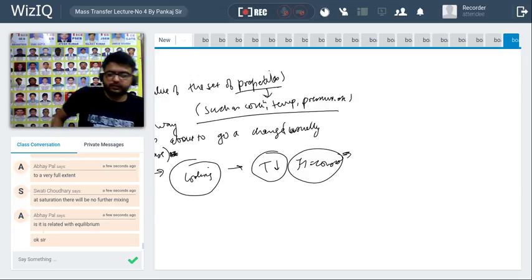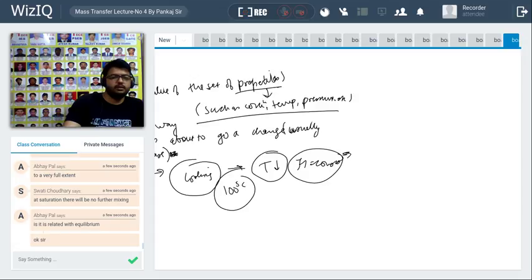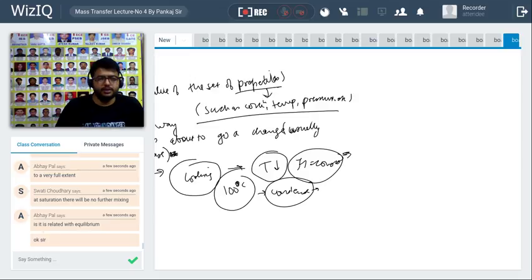So when it reaches 100 degrees centigrade, then what will happen? A fraction of the vapors is about to get condensed. That is, it is on the verge of condensation.